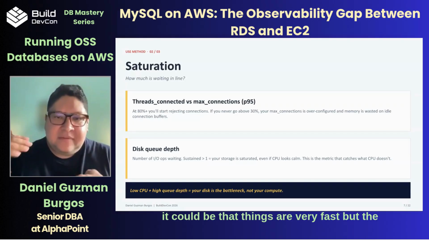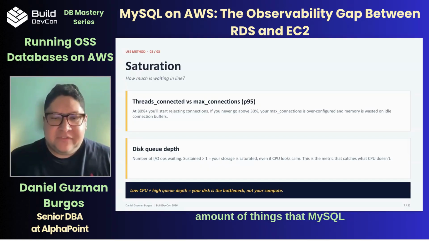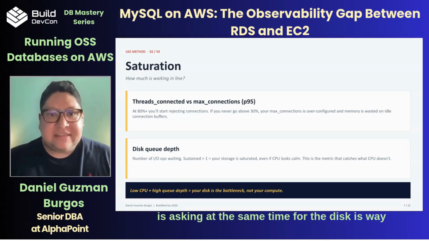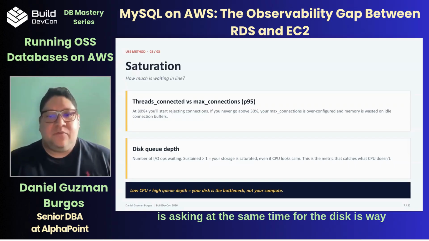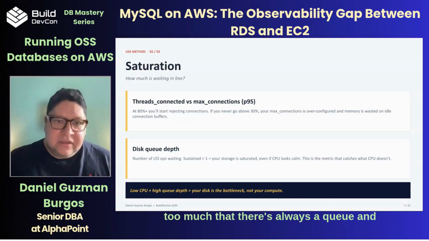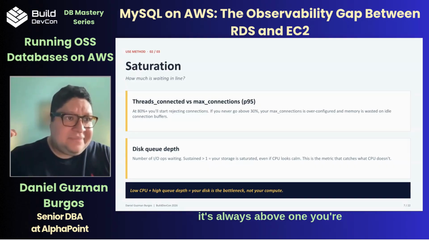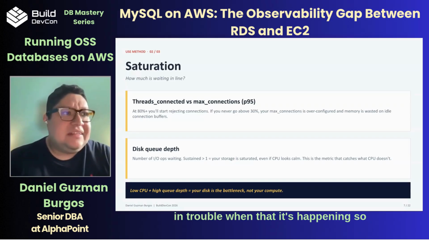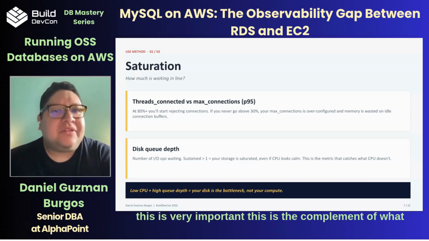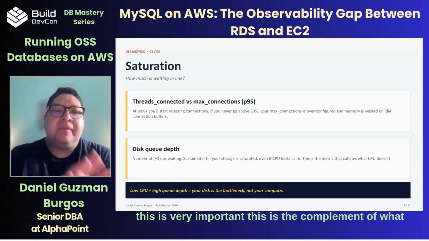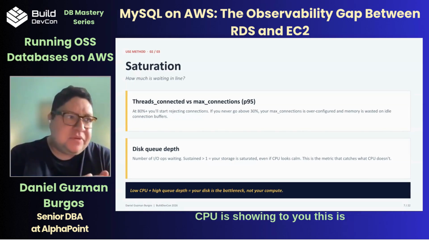It could be that things are very fast, but the amount of things that MySQL is asking of the disk at the same time is way too much, so there's always a queue, and it's always above 1. You're in trouble when that is happening. So this is very important. This is a complement to what CPU is showing you.